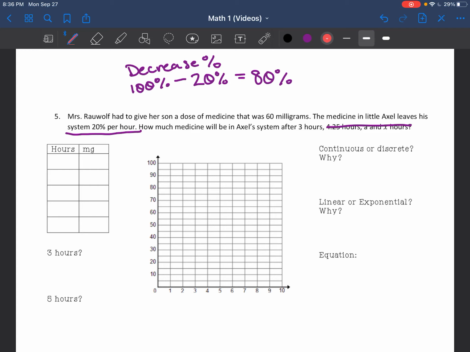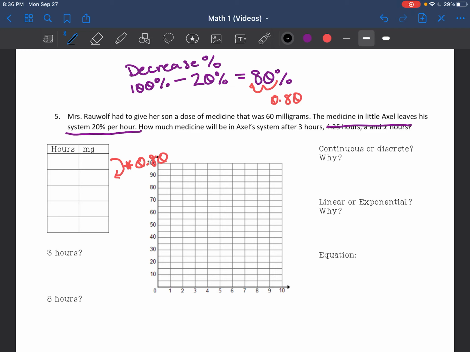If it's lessening, he's got to slowly get less and less in his system. So we have to change this to a fancy decimal, which gives us 0.80. And again, anytime you see a percent, you must multiply by 80% or 0.80 as a decimal down your table.